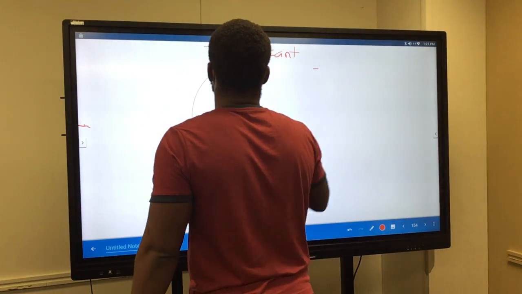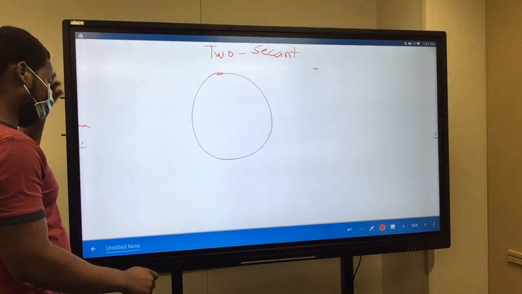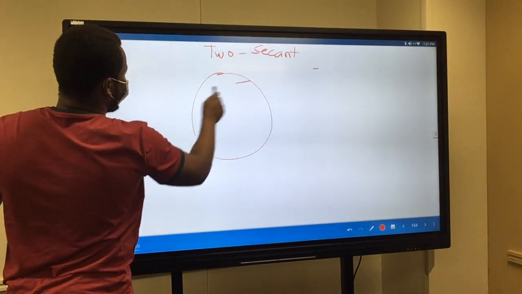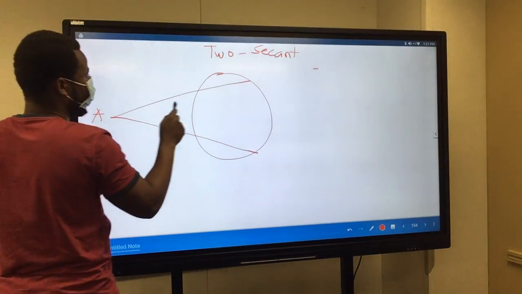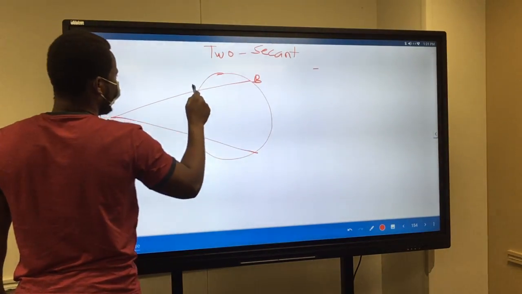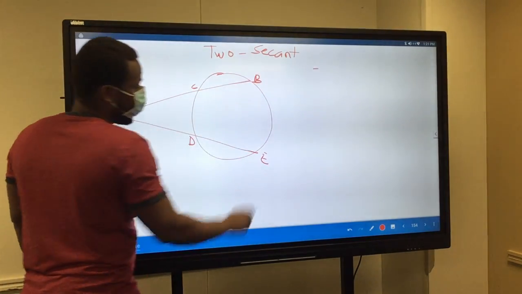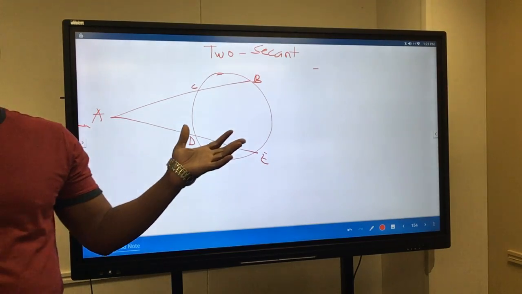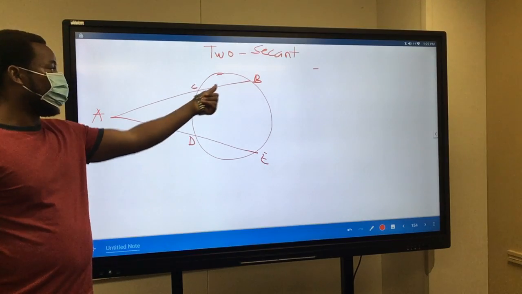Okay, let's look at it. What did I say? Look at this line. If this is A, this is B, C, D, and E. Look at what we have here. It's going to be outside. What is the name of this line?